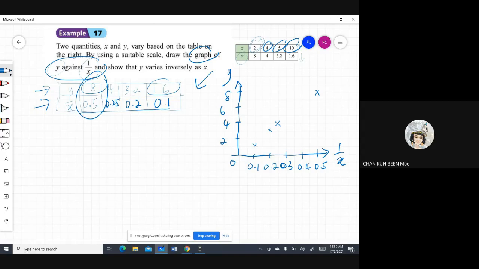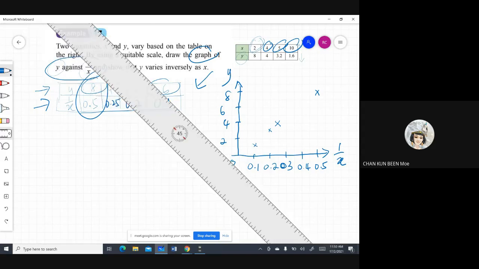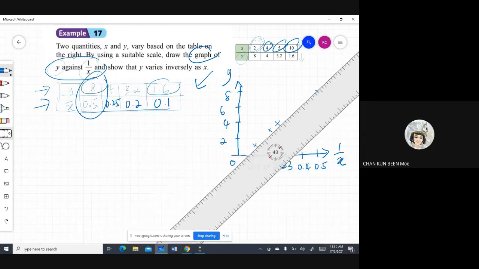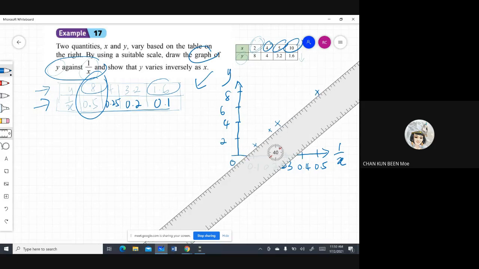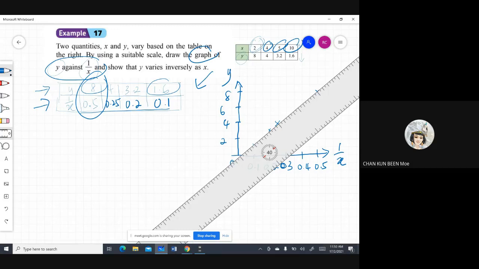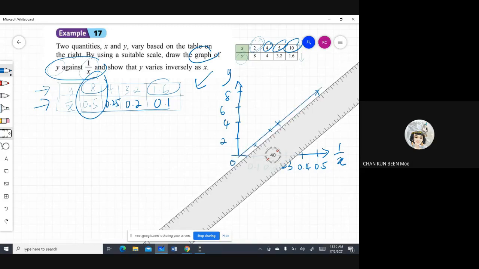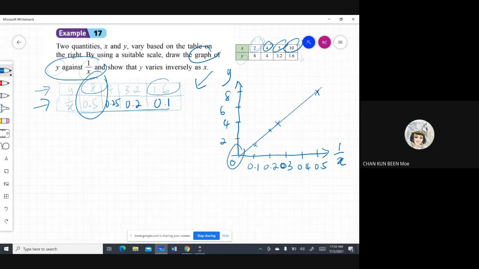After that you join all the plotted points with your ruler. Mine is not very accurate because I drew it freehand. It is supposed to go through all the points because I don't have graph paper over here. So lastly, you just join up. Then it will go through the origin actually.